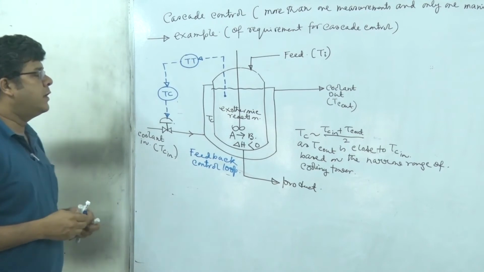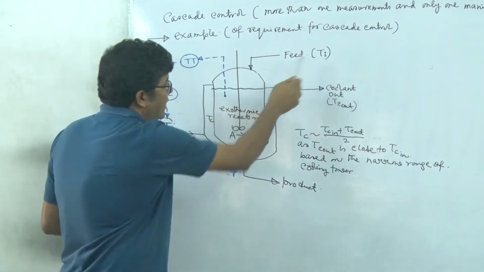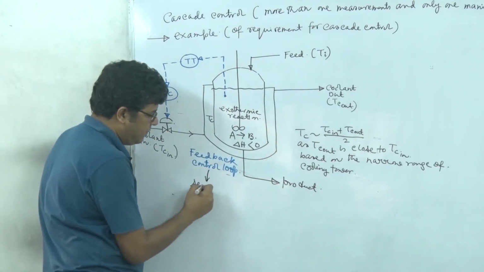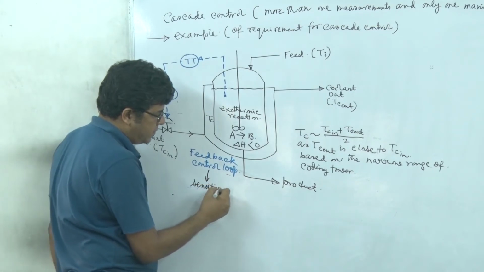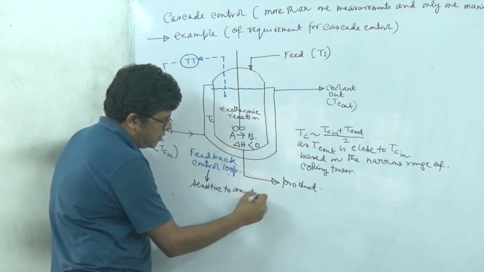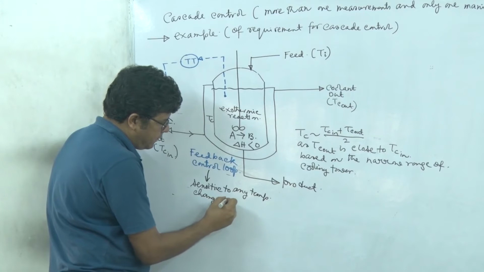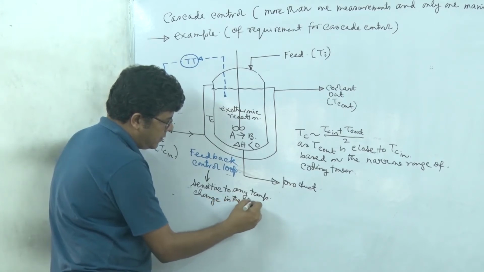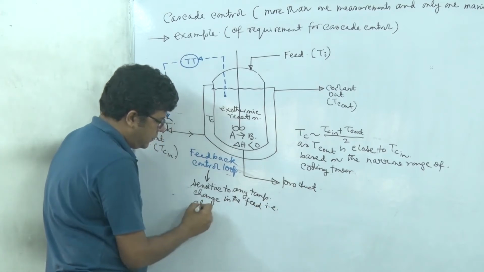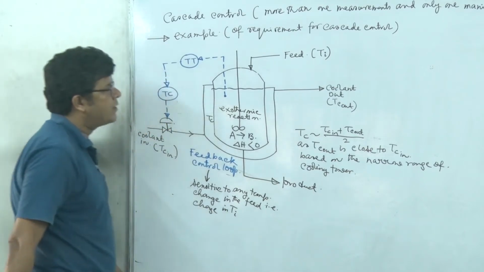Right? Now you see this feedback control loop is highly sensitive to inlet temperature of the feed. So this is sensitive to any temperature change in the feed, that is change in Ti, right?